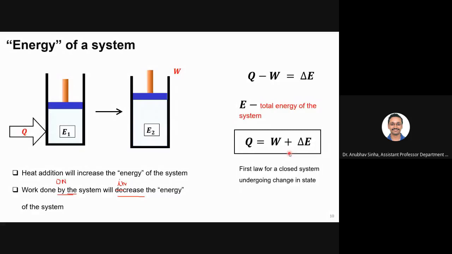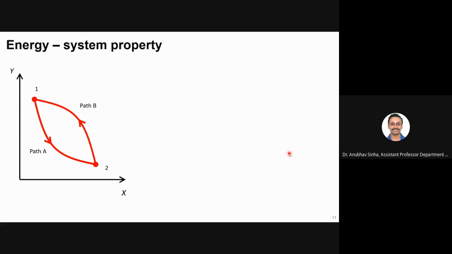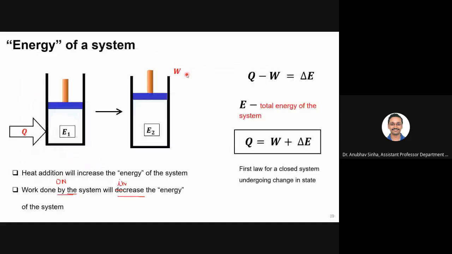Okay, so let us look at this energy, whether it is a path function or a point function. Let us say we have a cycle where we have path A and path B. There could be different work and heat interactions. So if you go back to this equation, this is the equation we will try to explore.